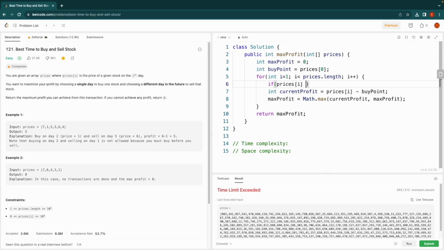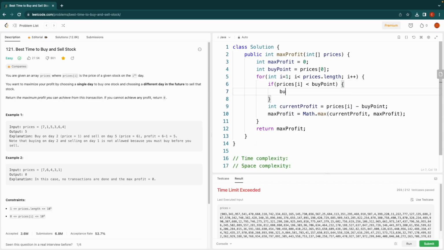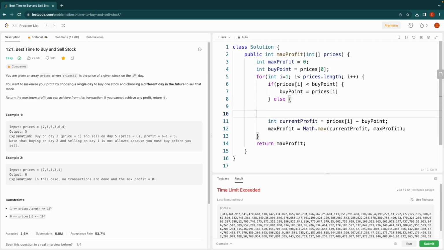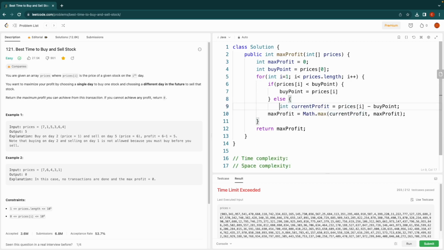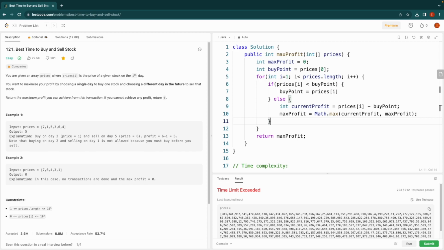If prices of i is less than buy point, then buy point equals prices of i. Else, our current profit would be prices of i minus buy point, and max profit would be the maximum of both the profits. So if it is a buy point, it will be here. If it is a sell point, it will come here.